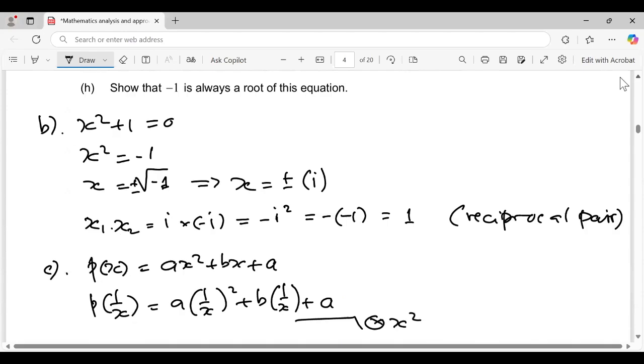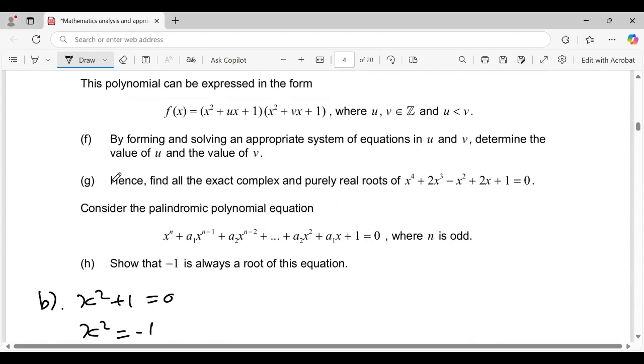Next question. Part (g): Hence, find all the exact complex and purely real roots of x power 4 plus 2x cubed minus x squared plus 2x plus 1 equals 0.